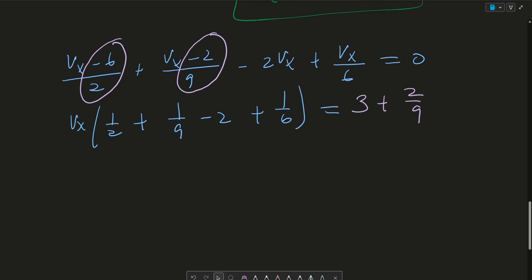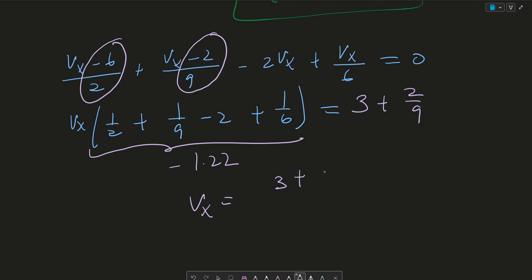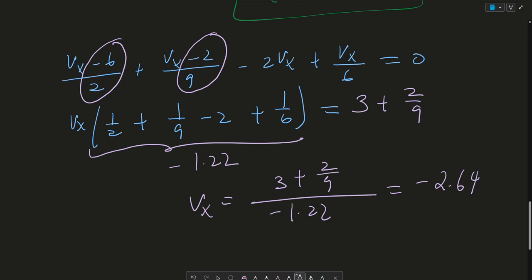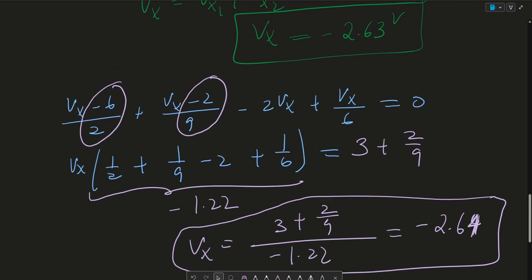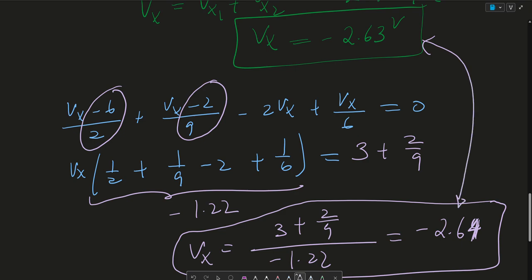If I equate this to negative 1.22, as our previous results would show, then Vx is equal to (3 plus 2 over 9) all over negative 1.22. And when you do that, you get negative 2.64. Again, I'm using some roundings and fractions, so it might be a little bit more precise. But this is essentially the same as this.